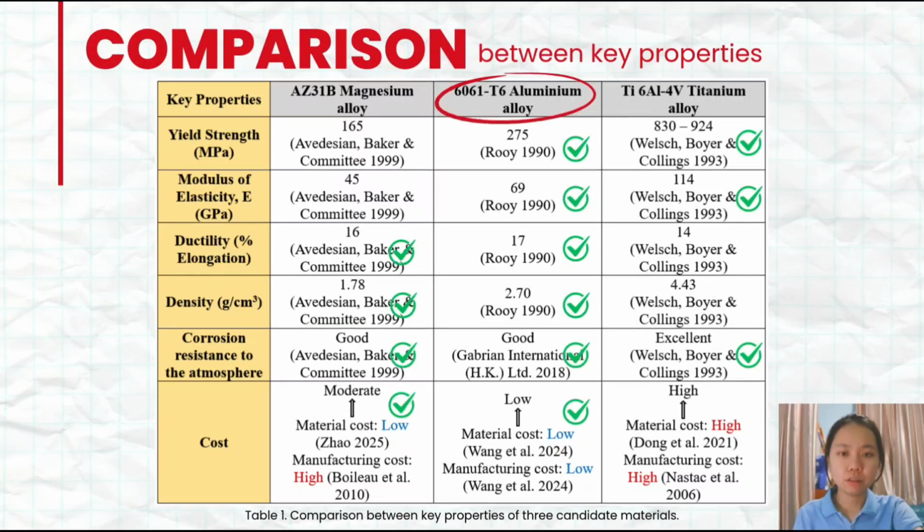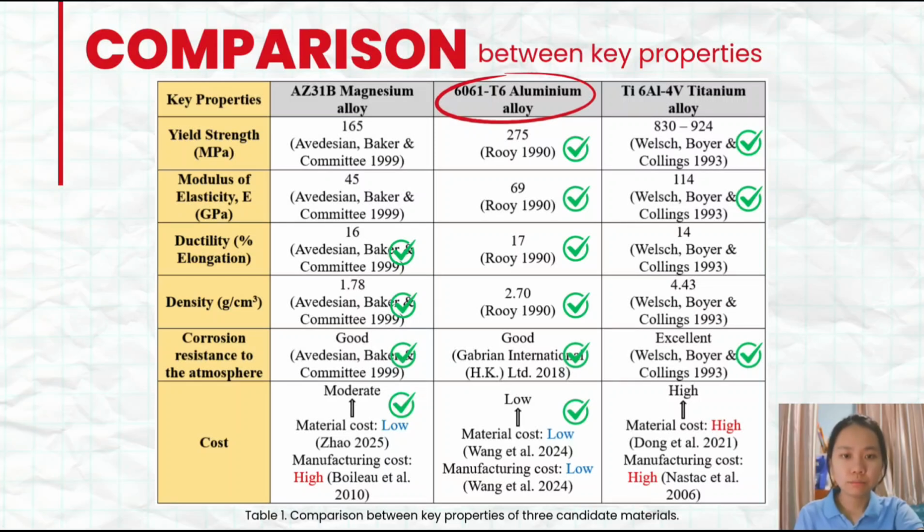Therefore, we can do a further shortlisting based on the comparison between key properties for these three materials. For yield strength and modulus of elasticity, 6061-T6 aluminum alloy and Ti6Al4V titanium alloy are preferred because of their higher yield strength and modulus of elasticity.